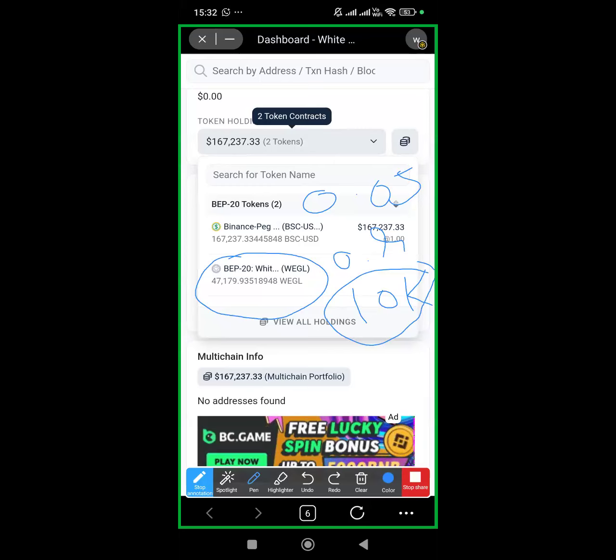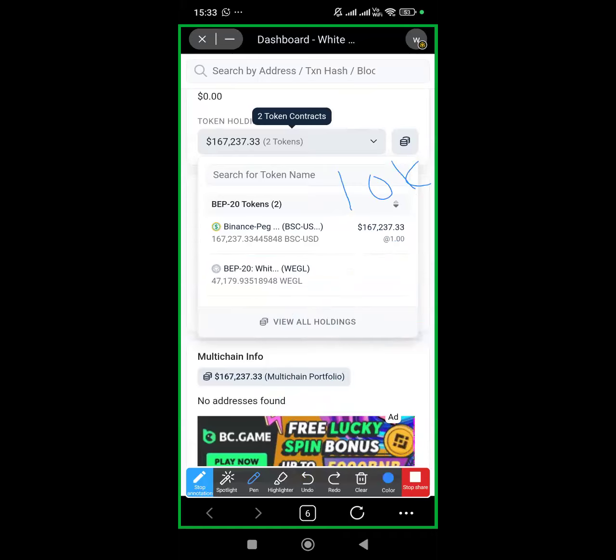If I am not honest, I will keep these tokens in my wallet, and in the future, when the price goes to $200 or $300, I will sell and dump the token. But here is the honesty: the owner put $10,000 liquidity, and what Pancake gave him back, he burned all the tokens.